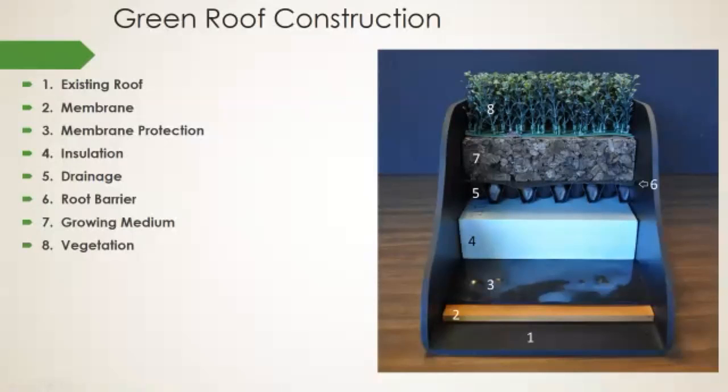Then we have the membrane protection, and that's usually an extra layer of plastic. Sometimes there will be an insulation layer under that. This is American Hydrotech's setup, but our roof does not have that. But you can have a couple inches of styrofoam or some other insulation material underneath your drainage tray.